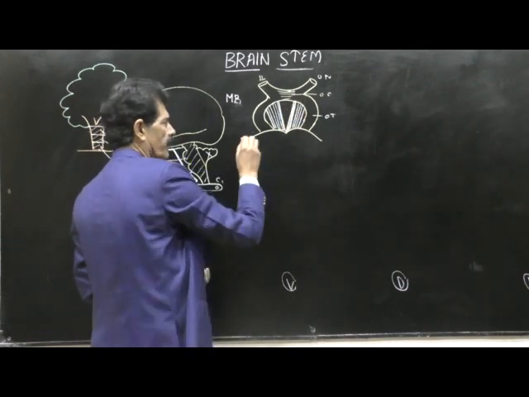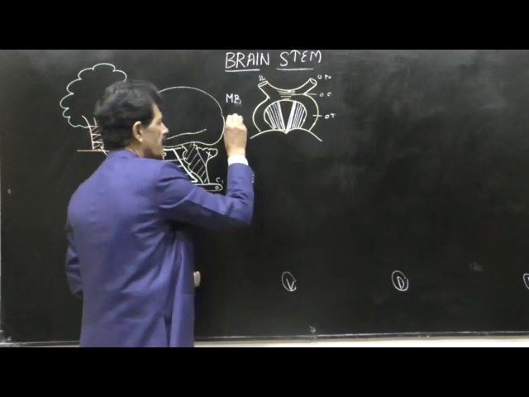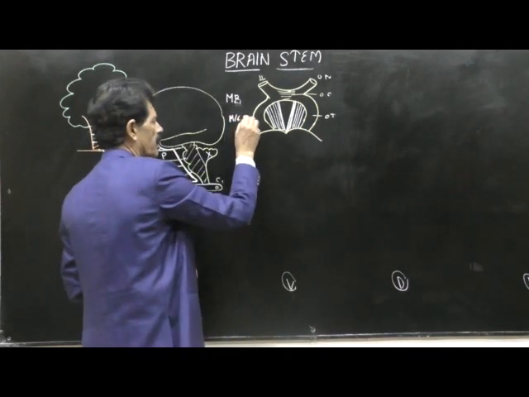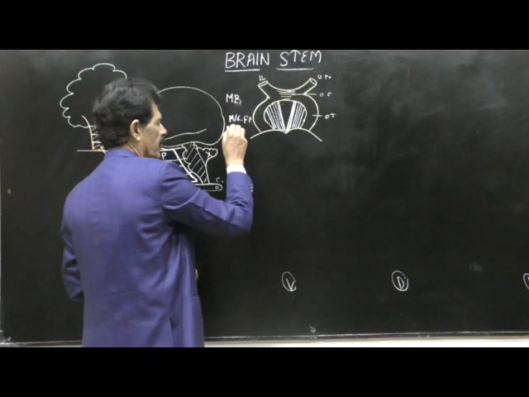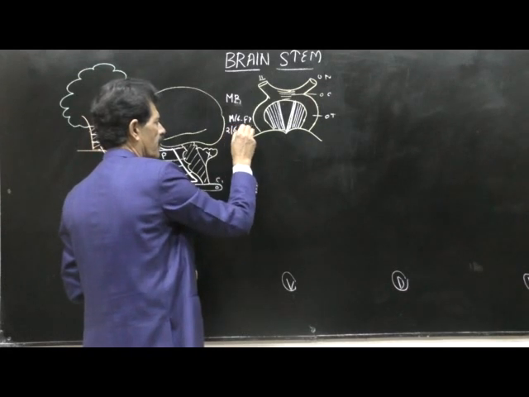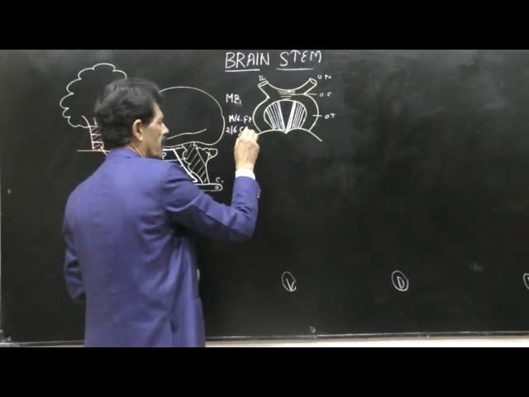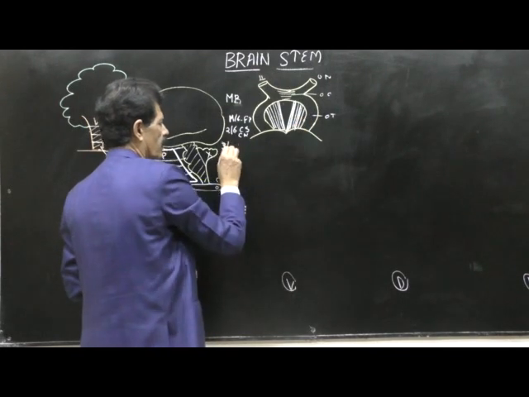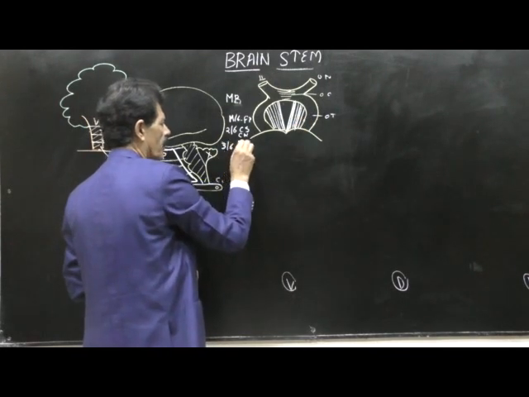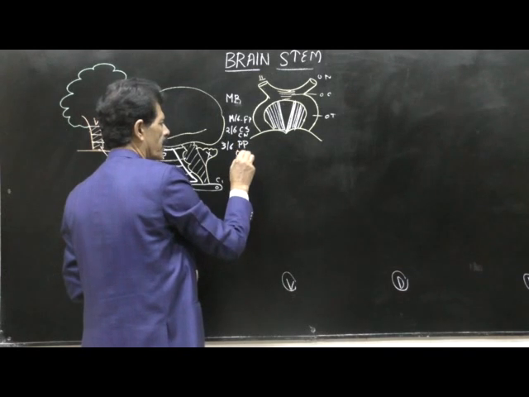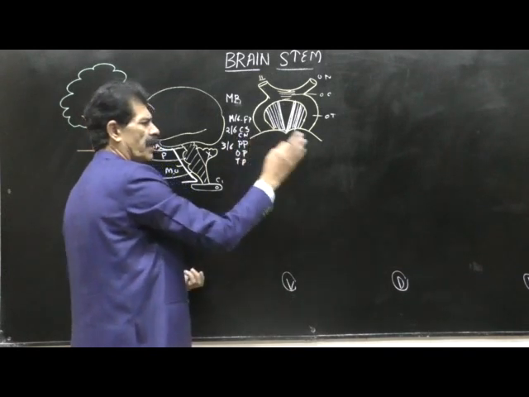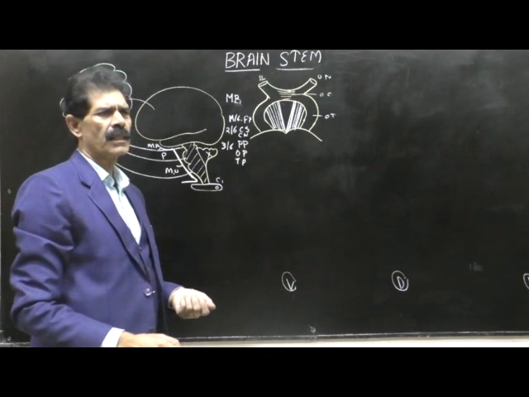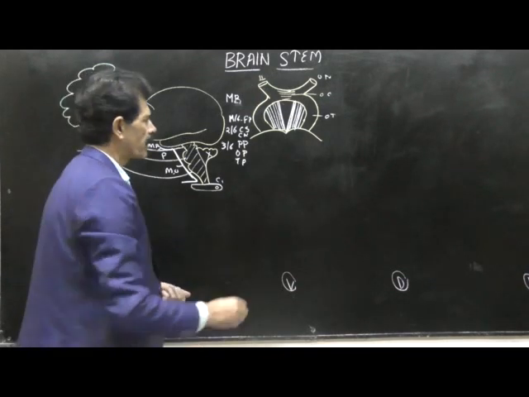The medial sixth contains frontopontine fibers. The next 2/6 contain corticospinal and corticonuclear fibers. The lateral 3/6 of the crus cerebri contains parietopontine, occipitopontine and temporopontine fibers. So this is the definite arrangement of the projection fibers in the crus cerebri.